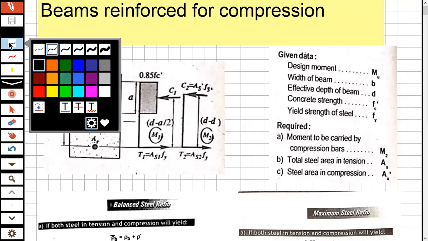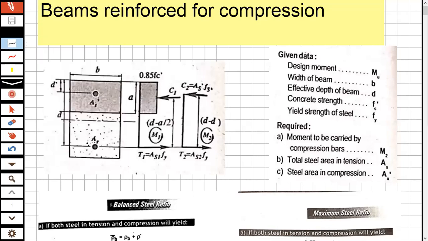Okay, so basically your beam is reinforced only for tension, and in some restriction, we add up reinforcement for compression. Most cases is yung computed nyo na steel ratio is greater than maximum steel ratio. Paano nangyari ito?